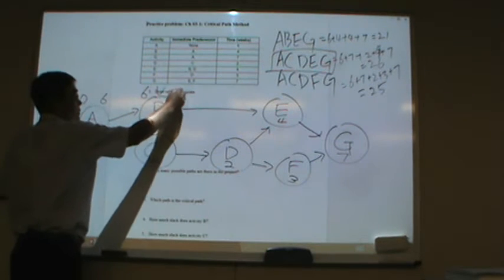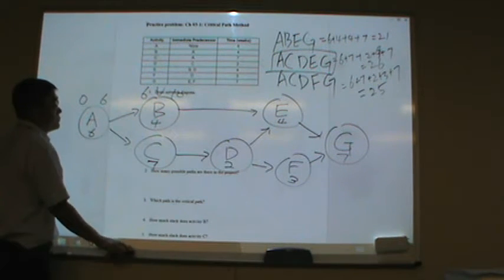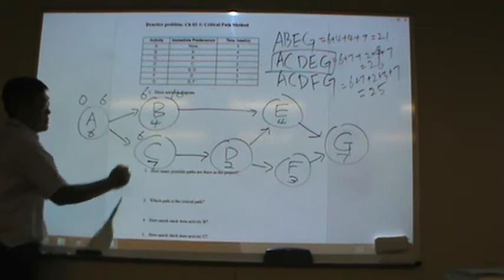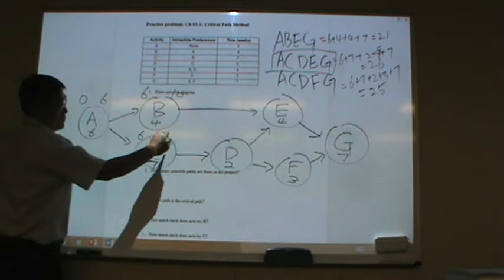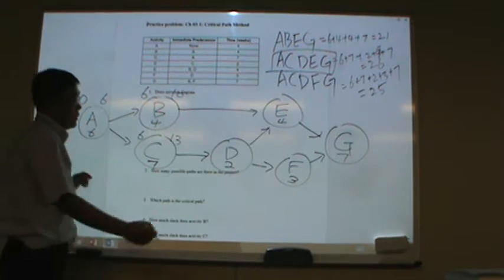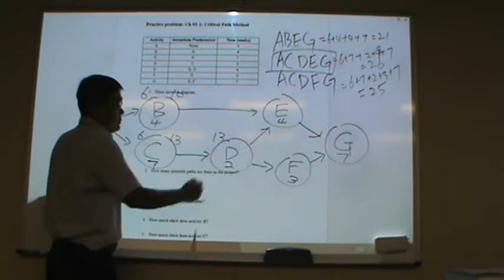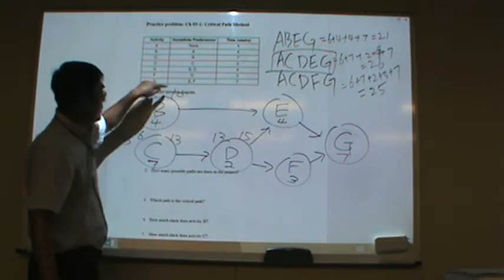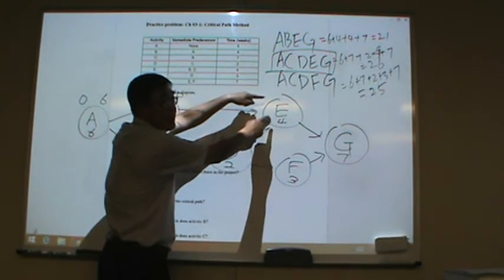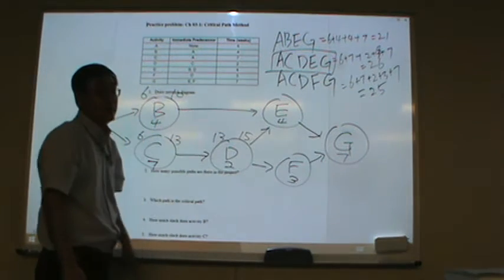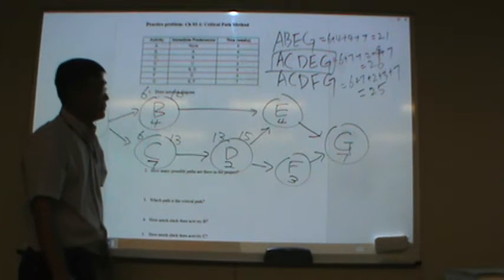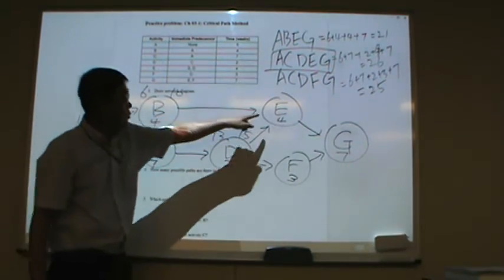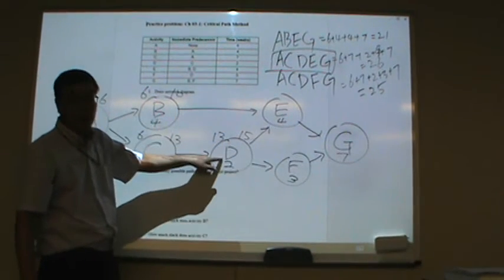Then B: 6 to 10. And C: 6 to 13. D: 13 to 15. Now 10 and 15 together, which one will you take? 15. Oh, yeah. E can start after B and D.